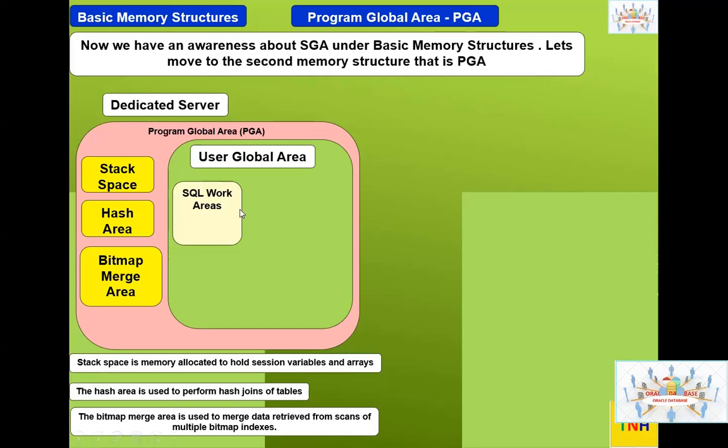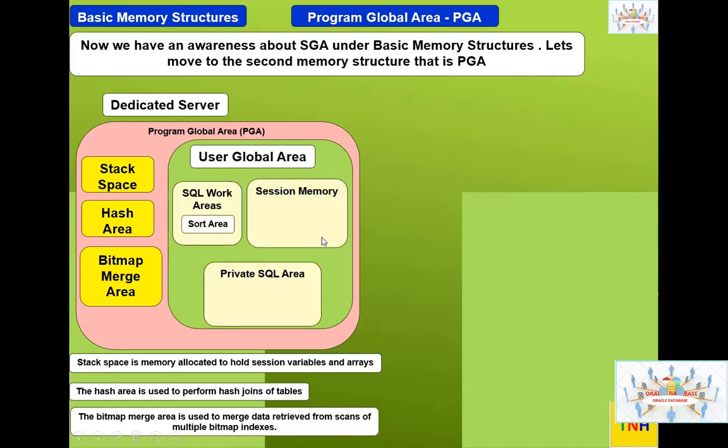And this is the first one, SQL work areas, and we are going to have private SQL area and session memory. On the SQL work area, there will be sort area. For example, when you type select whatever with order by or group by commands, it causes sorting.